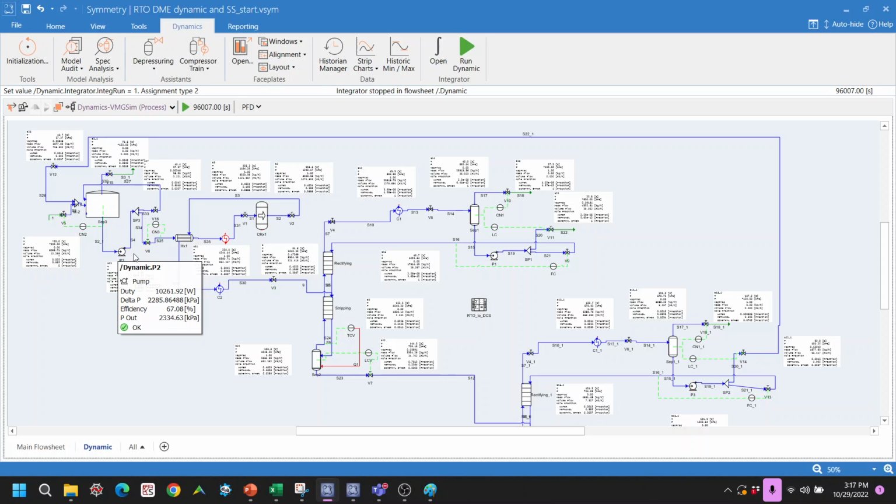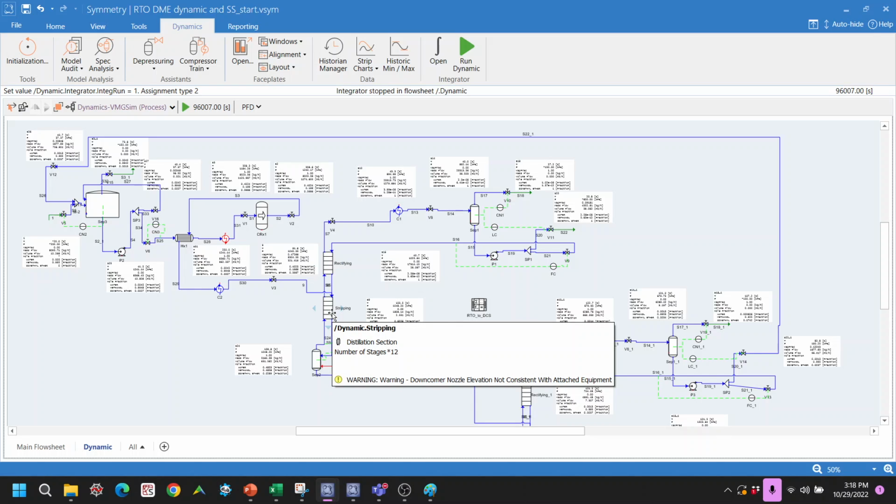We pump the methanol from the tank and send it through a series of heat exchangers to the reactor. To simplify, I modeled this as a conversion reactor, where we react 80% of the methanol. It then exchanges heat with the feed, we reduce the pressure, and it goes to the distillation column. These are the trays above the feed stage, and these are the trays below the feed stage.